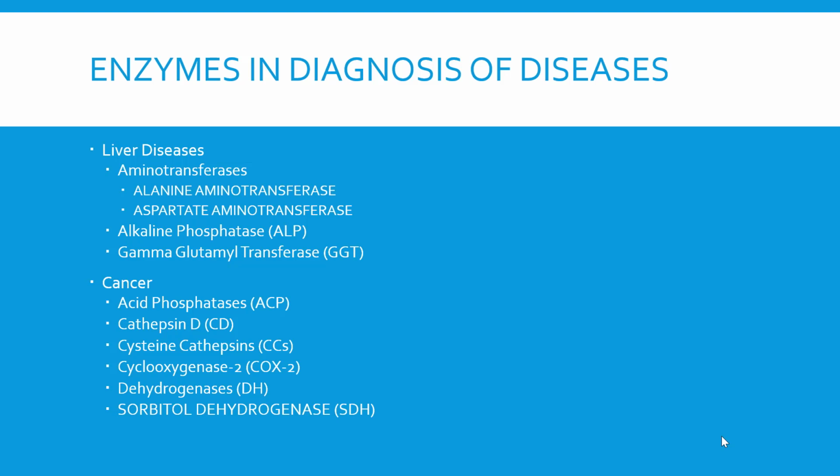Enzymes in diagnosis of diseases. First of all, we will see liver diseases, but before going into that, the diagnosis of the serum level of certain enzymes has been used as an indicator of cellular damage that results in the release of intracellular components into the bloodstream.